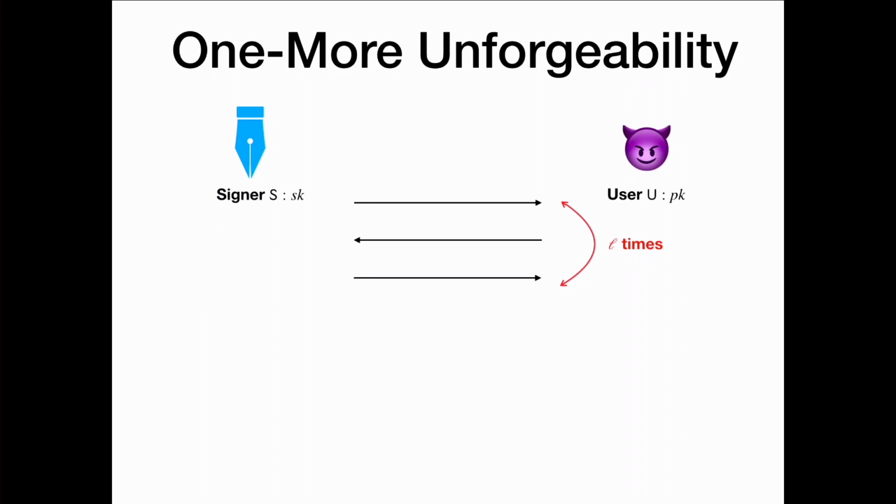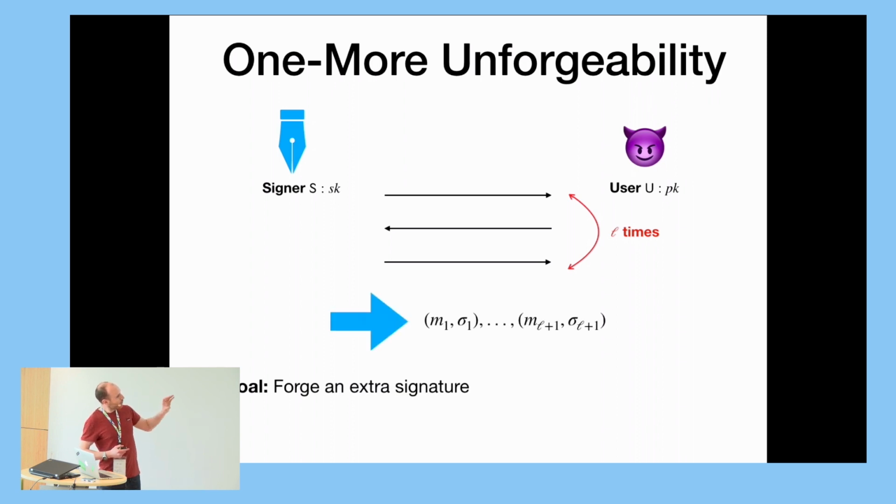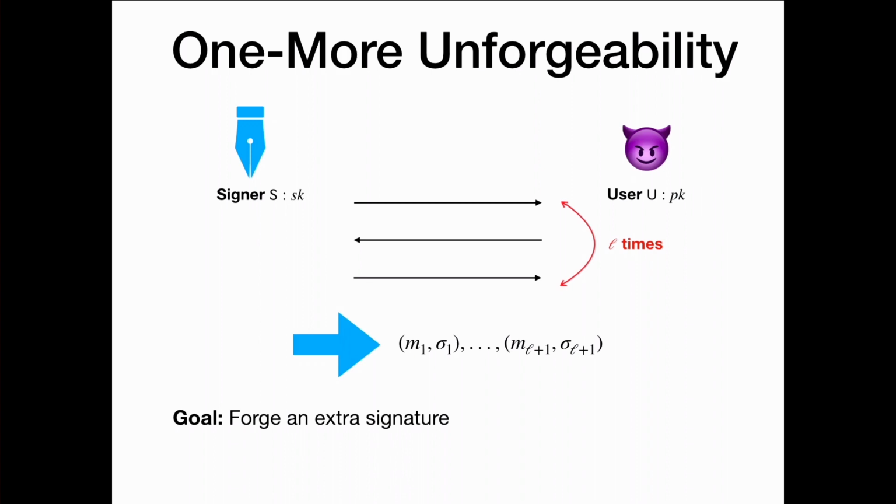Here we're looking at an adversary on the right side, which is basically taking the role of the user in this blind signing scheme. It's going to be running this blind signature protocol L times with the signer S. And it is considered successful in forging a signature if it can come up with one more signature and one more message than the number of signatures that it could have seen by interacting with the signer.